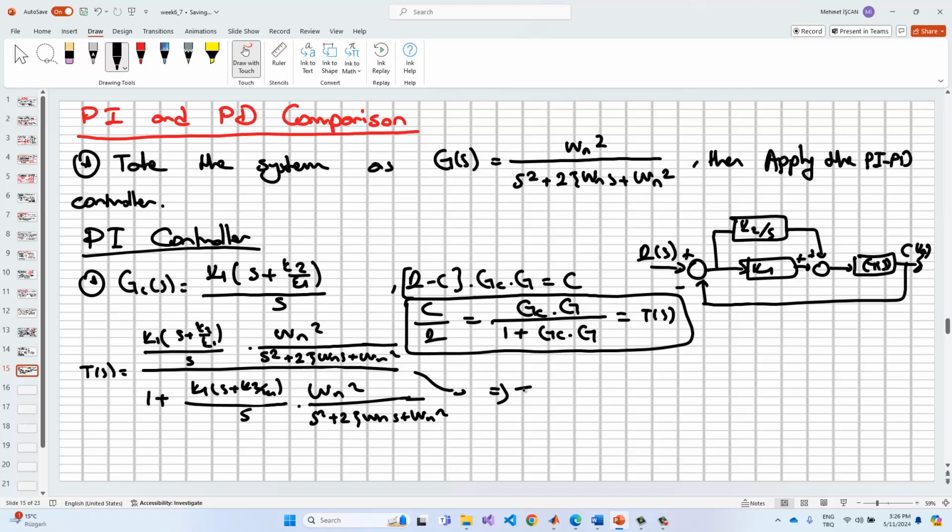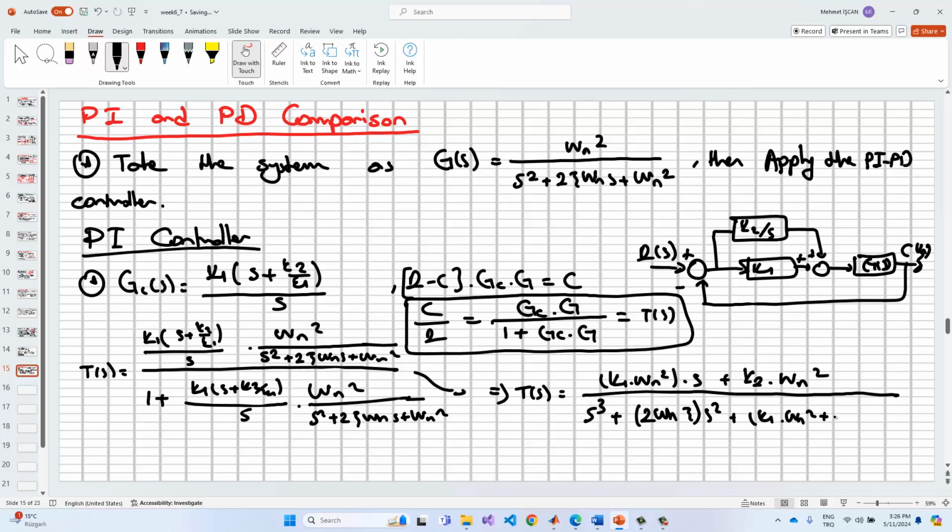At the final stage we have T(s) just like this one, guys: K1 times omega_n squared times s plus K2 omega_n squared, over s cubed plus 2 omega_n zeta s squared plus K1 omega_n squared plus omega_n squared s plus K2 omega_n squared.